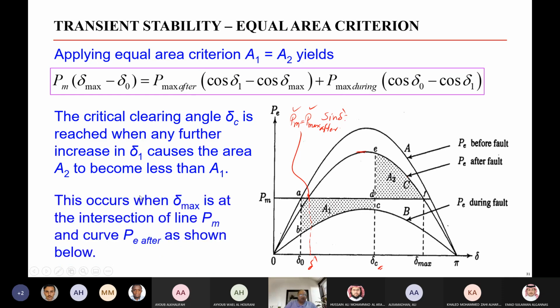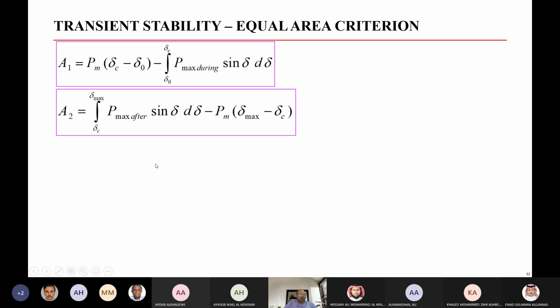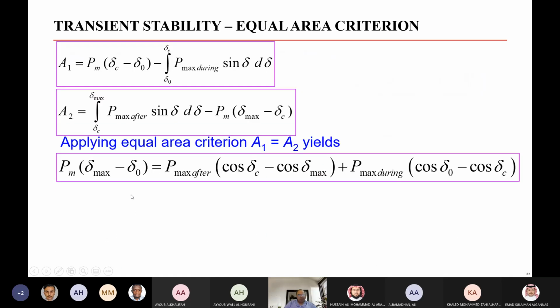So in this case, you can write A1 and A2. This is A1 and A2. Applying A1 equal to A2, you end up with this equation.